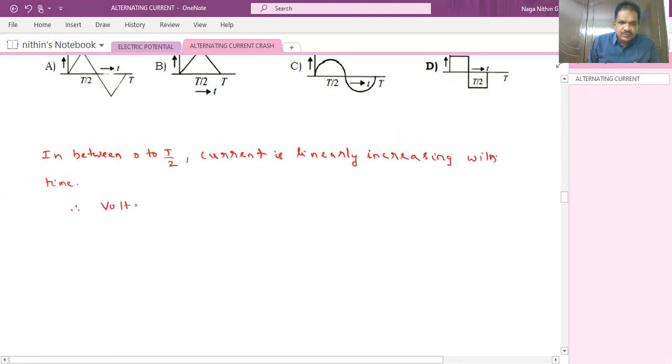Therefore, voltage is a positive constant.